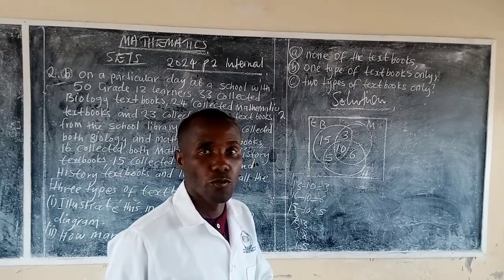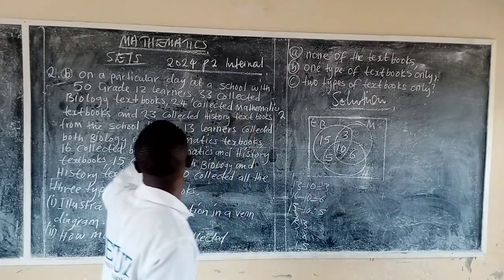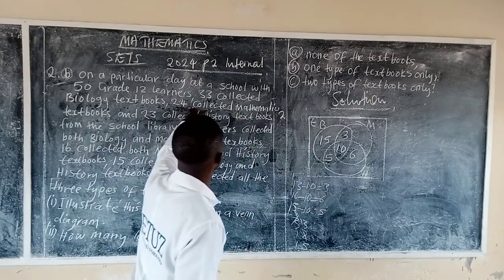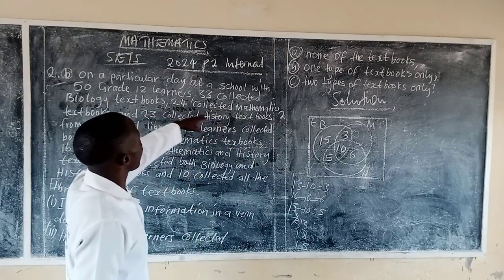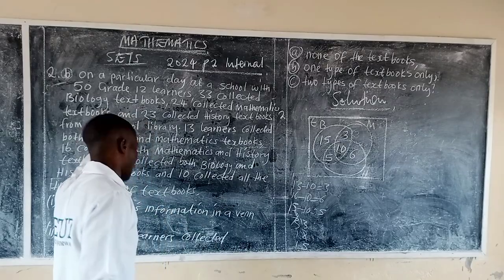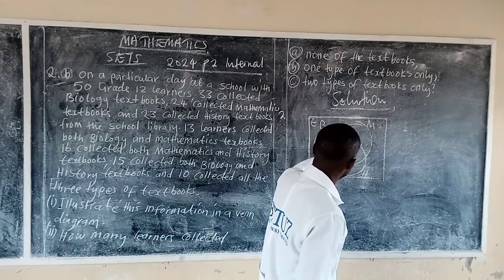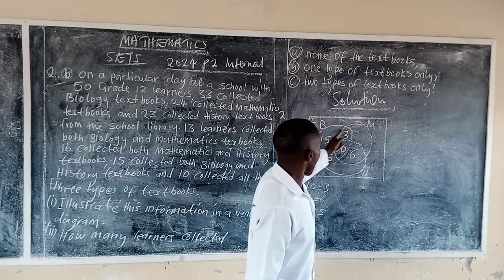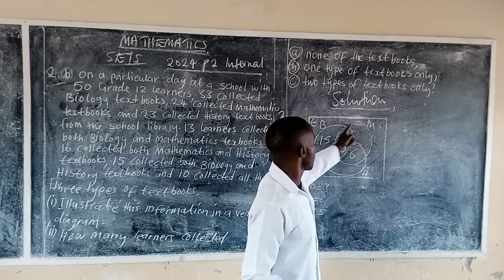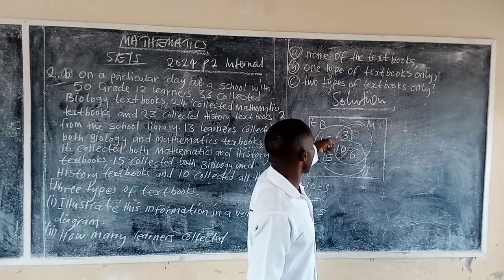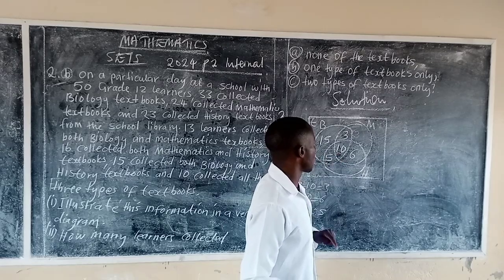Then we go to the other one, which is the next subject here, mathematics. So they are saying 24 corrected mathematics textbooks. So 24 mathematics. Mathematics is the set which is going like this, okay? So within the same class, we already have 3 plus 10, that is 13. 13 plus 6, 19.